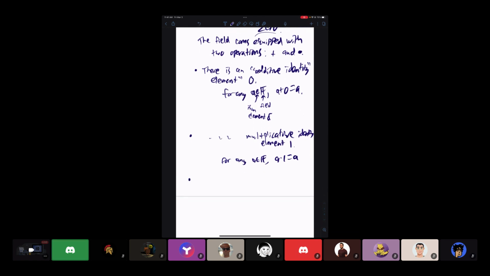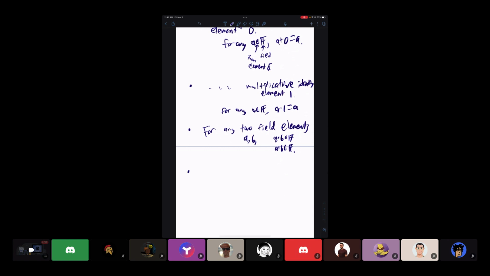And then, of course, if you take any two field elements and multiply them, you better get out another field element. Another way of saying that is that the field is closed under multiplication, and the same has to hold for addition. So for any two field elements, A and B, A times B is also in the field, and A plus B is also in the field.